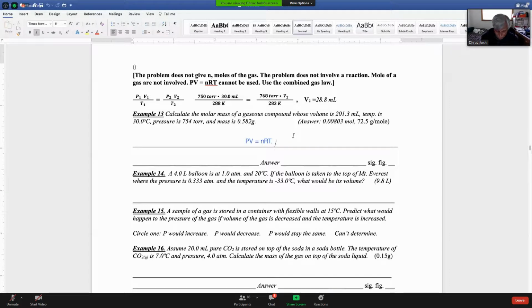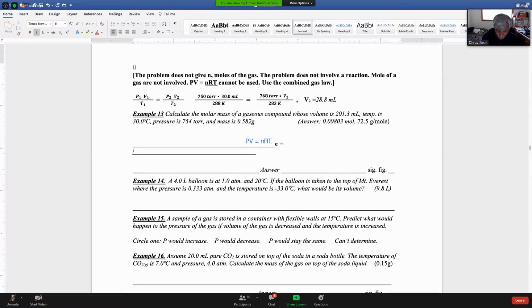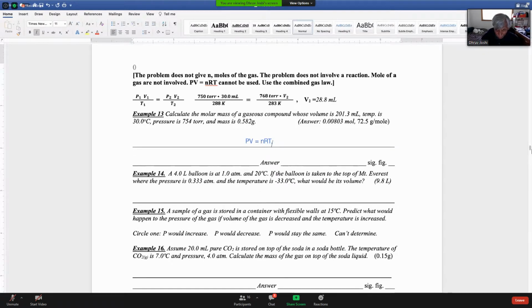So n, number of moles, equals grams divided by molar mass, and we call molar mass MM. So instead of n, we are going to write down that.